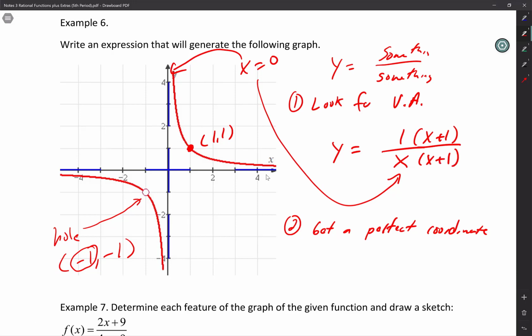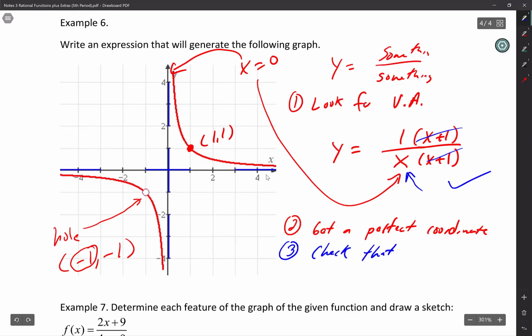Notice those factors would cancel out. And I got to check, do I still get a hole at -1, -1? Yes. Once I cancel those out, if I plug in a -1 for x, 1 divided by -1 is -1. So everything checks out. So I'm going to put 3. Check that hole is correct.